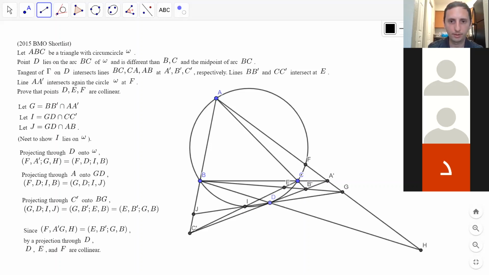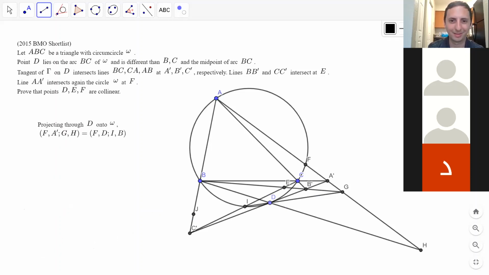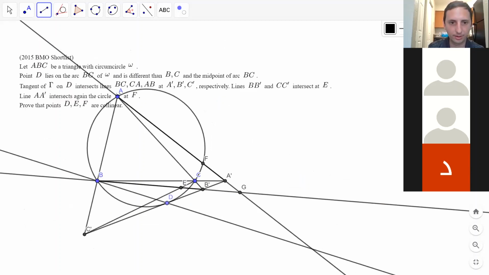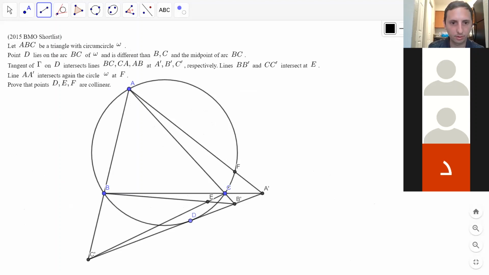Let me go back. Let me undo. I'm just being lazy here. Before I started adding in new stuff, this is what it looked like originally.